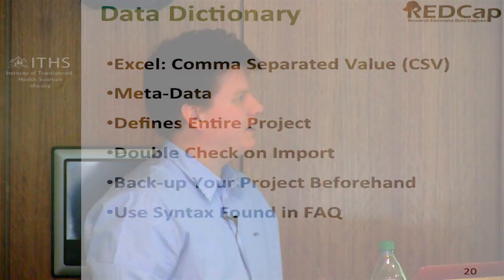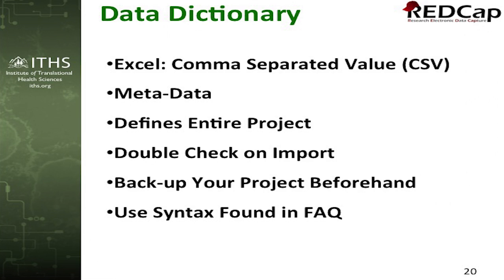The data dictionary is the way you would go about having a more comprehensive and bigger project with more variables, so more than 30 variables pretty much. It's kind of like a spreadsheet. It's a comma separated value format, which is just an open format that any spreadsheet program can tackle pretty much.